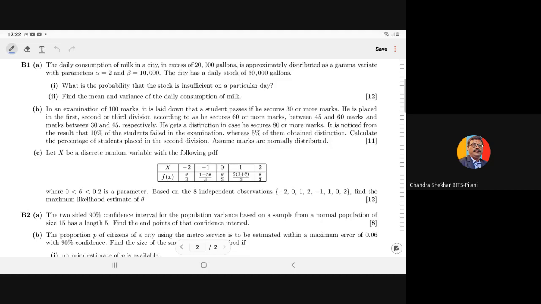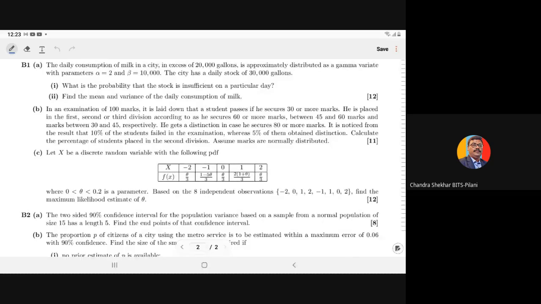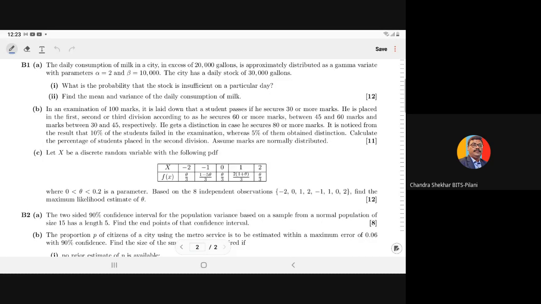Theta lies between 0 and 0.2 and is a parameter. So this is the unknown parameter. It can take any value between 0 and 0.2. Based on 8 independent observations: -2, 0, 1, 2, -1, 1, 0, 2, find the maximum likelihood estimate of theta.